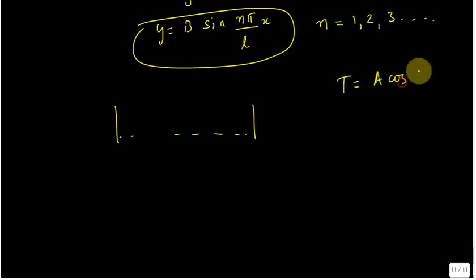So A cos omega t, I'll put that, where omega is my angular frequency. I could have even put omega t plus phi, specifying another phase angle, but we will not worry about all that, because in quantum mechanics finally you will always be working with the square of everything. Okay, so all those phases will anyway go away. So nu is the frequency and omega is the angular frequency. I'm just writing that equation in another format, nothing more.